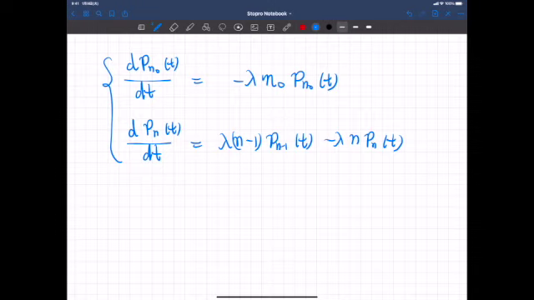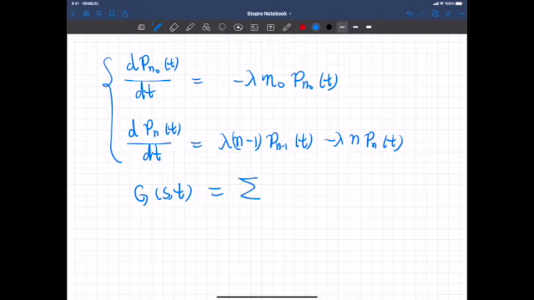Now, the way we just described to solve this differential difference equation is just fine, but it's kind of tedious. So we explain another approach, which is based on the probability generating function. Okay, so just like we did for the Poisson process. So here's the definition of the probability generating function for this case.